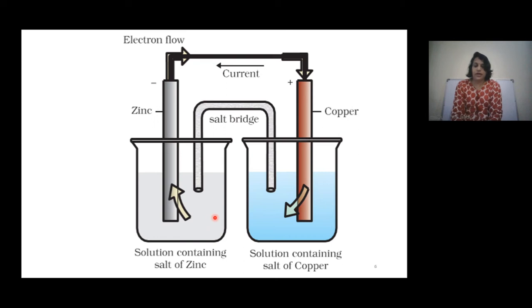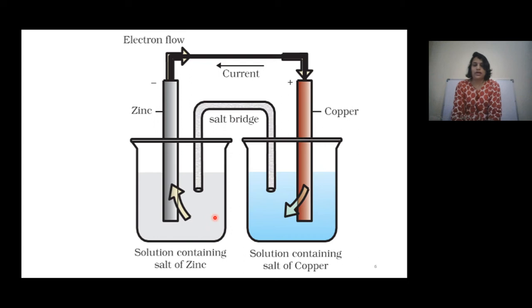A double line means a salt bridge, a porous partition, or any other medium permitting ion flow. Then concentrations are written below the electrolyte solution. Pressure, if it differs, has to be written, and temperature, if relevant, has to be mentioned. Like this, a cell can be represented.